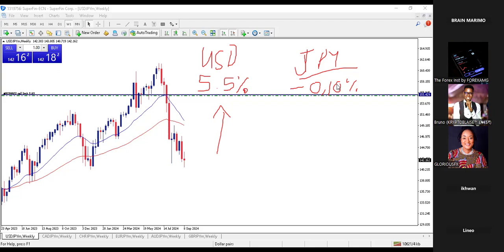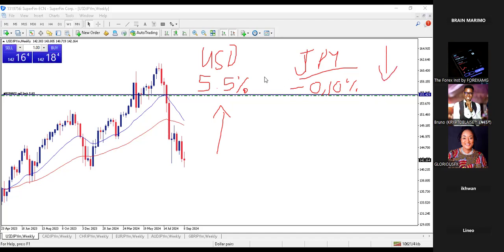Carry trading, right? You are taking advantage of the interest rate differential. You're probably also taking advantage of what we call monetary policy divergence. The two monetary policies implemented by these banks are totally different.